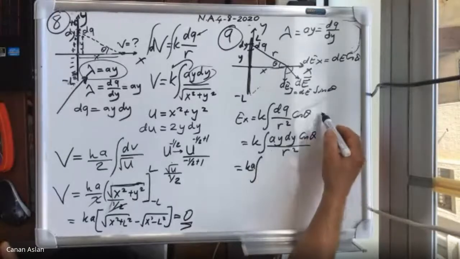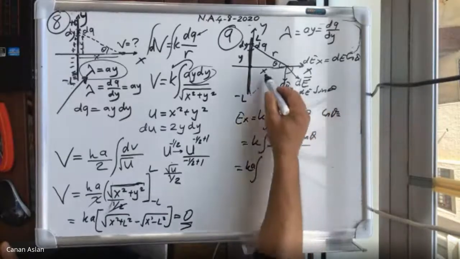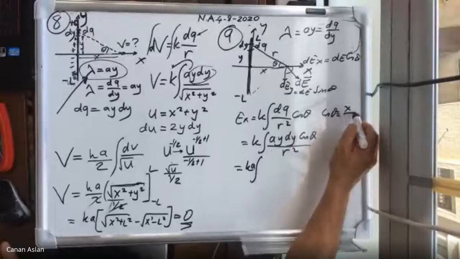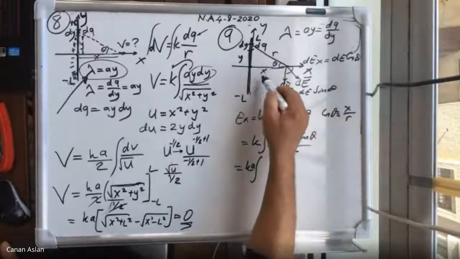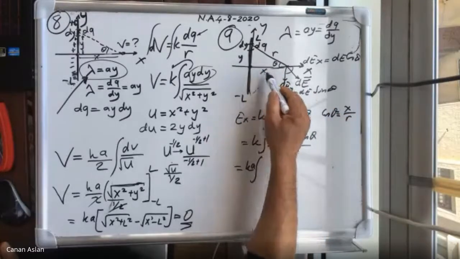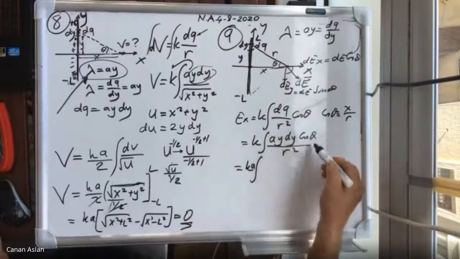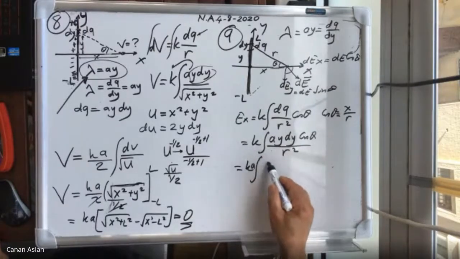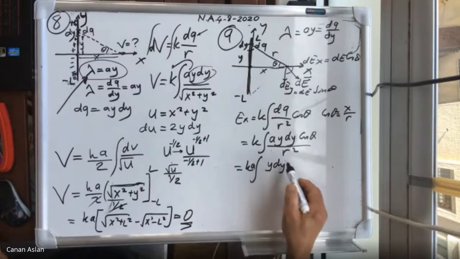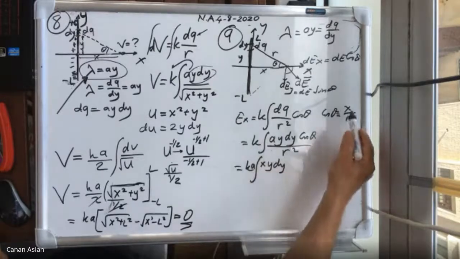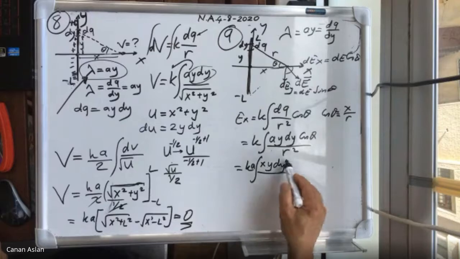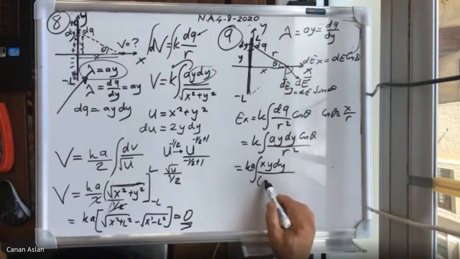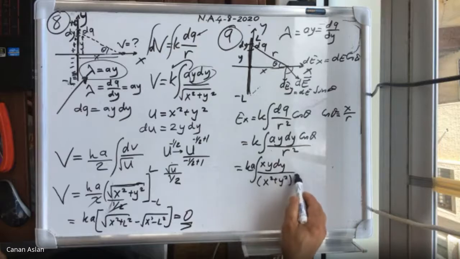Cosine theta is x over r, and r is the square root of y squared plus x squared. So there will be r cubed in the denominator: a is taken outside, y dy and x coming from cosine theta, divided by r cubed, and r cubed we write as x squared plus y squared to the power 3/2.